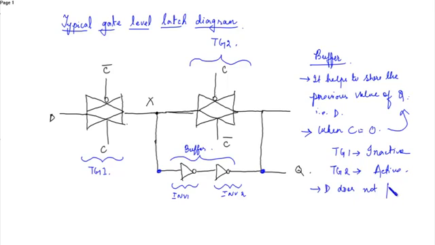That's the reason why you need this buffer, so that when C is equal to 1, this value of D will be obtained at the output, and here this value will be stored.